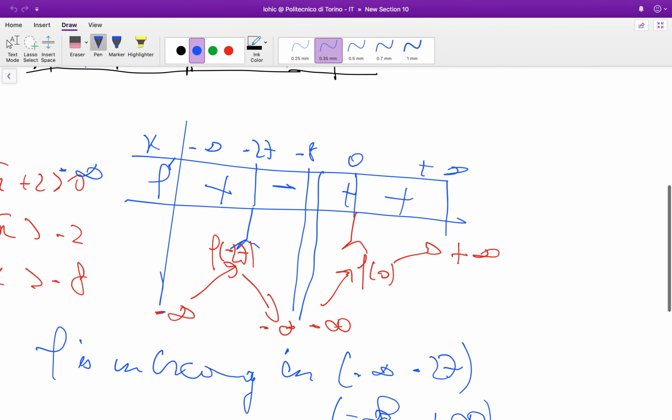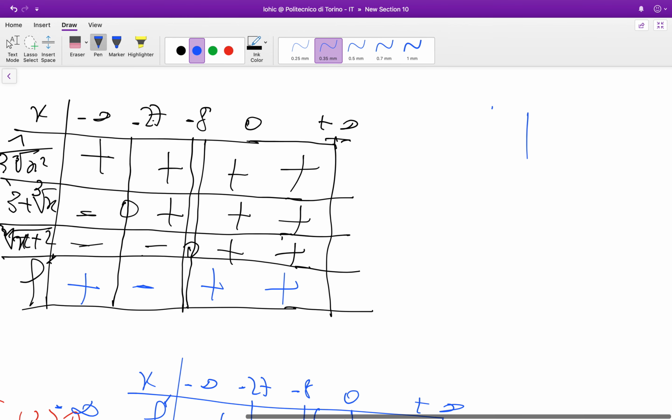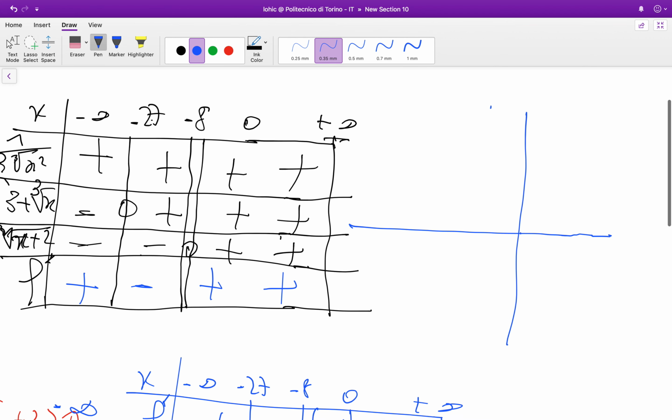The function goes up, then comes down to the asymptote, then it goes definitely up. Let me draw it here. So here we have, let's say, that this is minus 8 and this is minus 27.